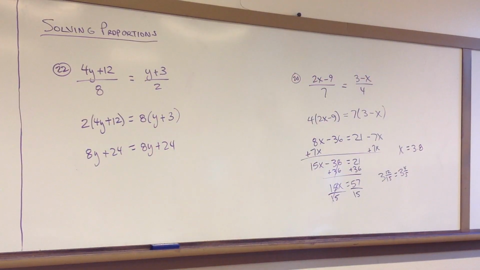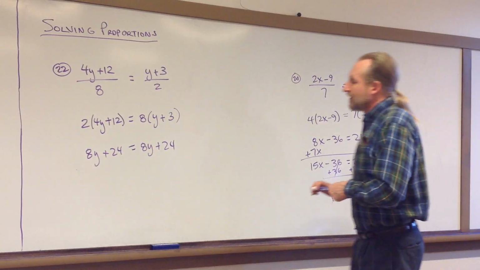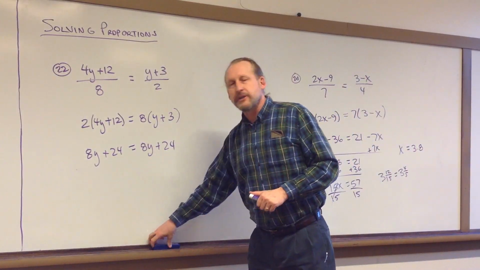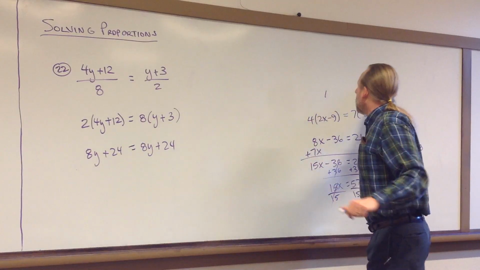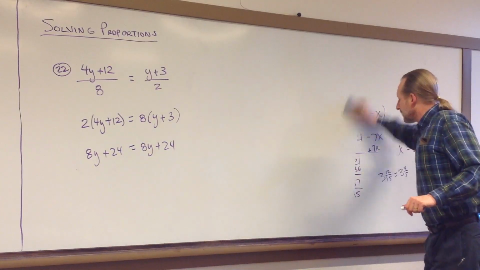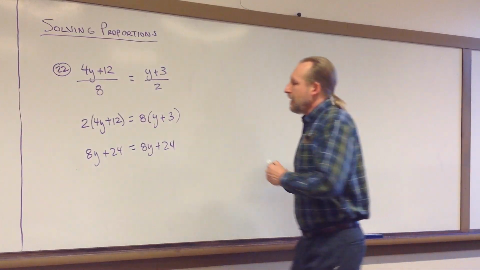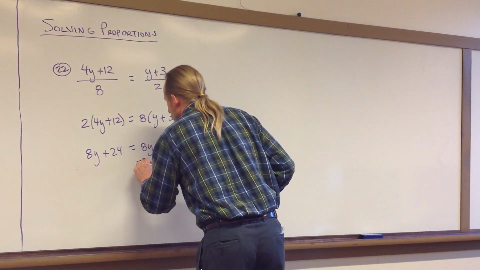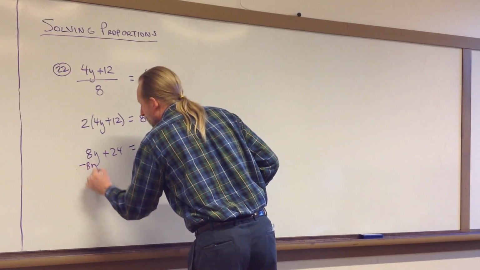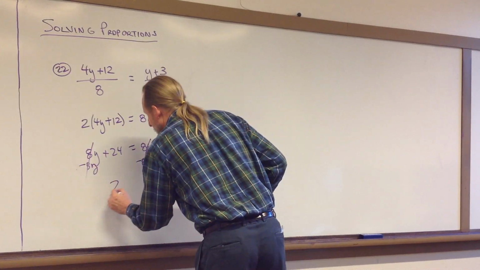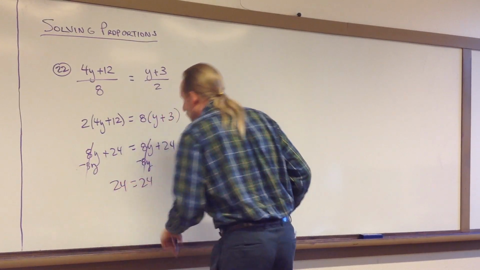Now, we haven't talked about this very much, really at all, and you won't see it on your quizzes and tests either. But what happens in a situation like this is that, notice, if I subtract 8y on both sides, this cancels out and this cancels out, and I end up with 24 equals 24.